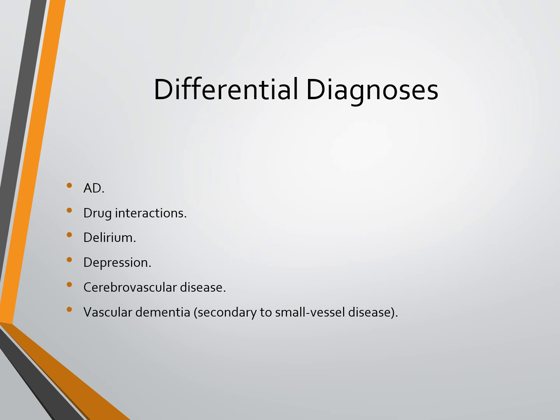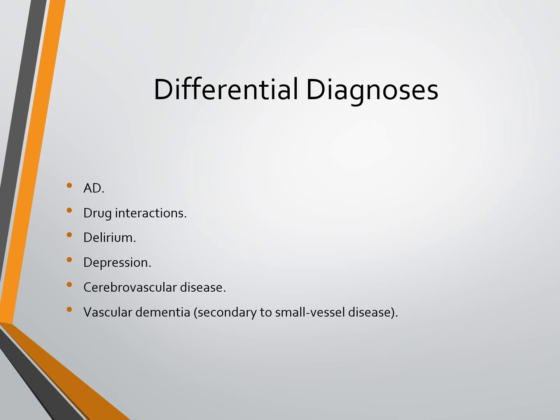Also, when evaluating a patient with Alzheimer's disease, like any diagnosis you are considering, you always want to consider differentials. You want to rule those differentials in or out. So you want to be thinking of things like drug interactions, depression, a stroke, vascular dementia, and delirium.